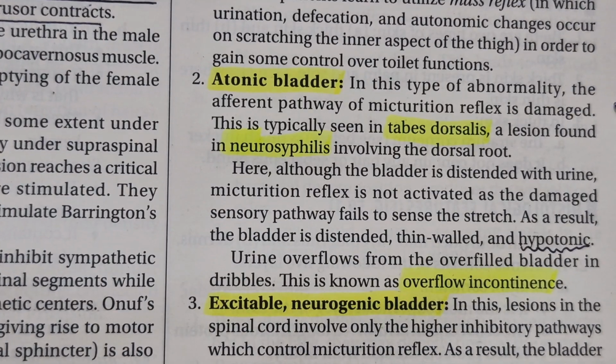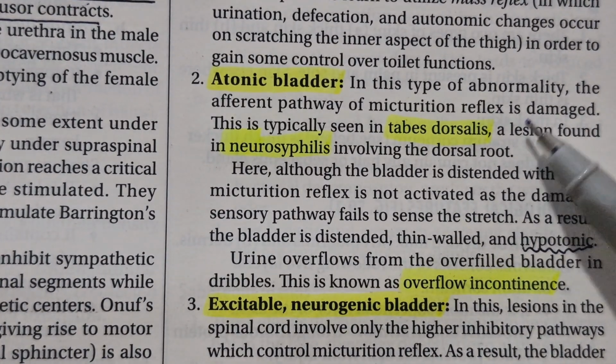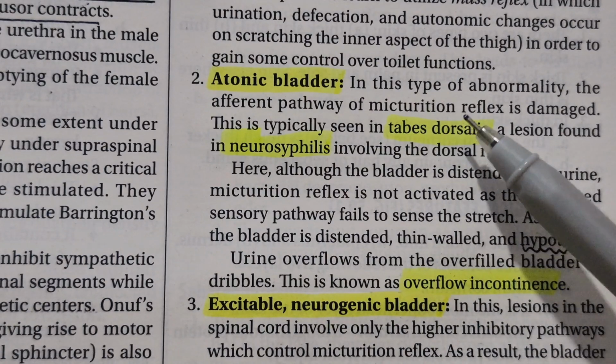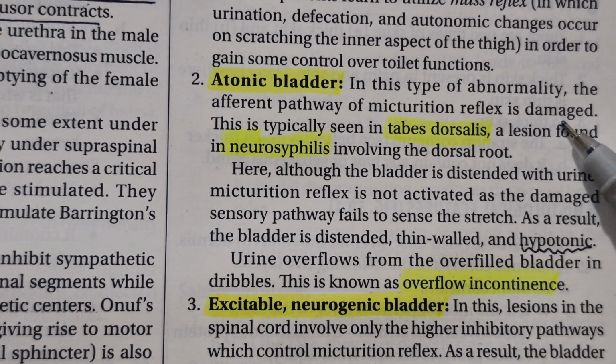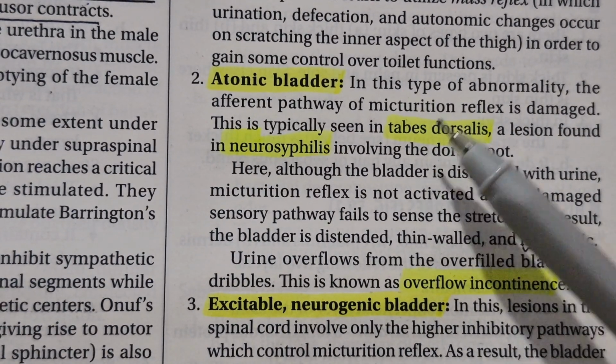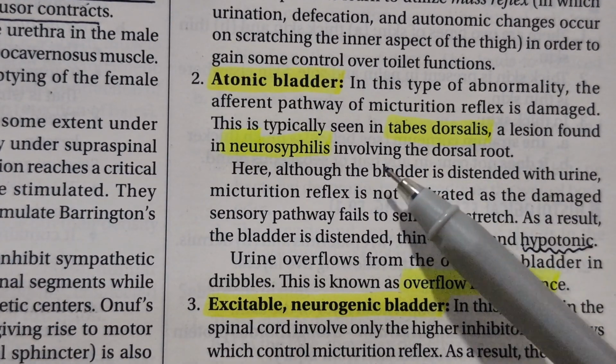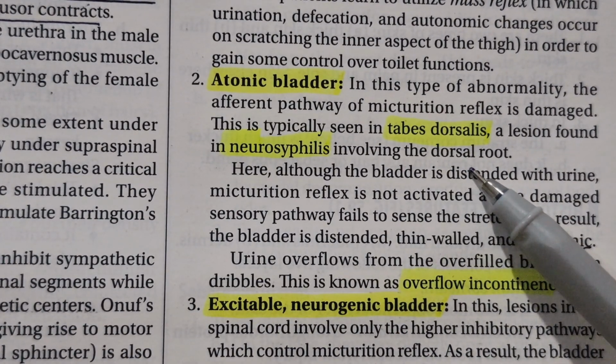The second type is atonic bladder. In this type of abnormality, the afferent pathway of the micturition reflex is damaged. This is typically seen in tabes dorsalis, a lesion found in neurosyphilis involving the dorsal root.